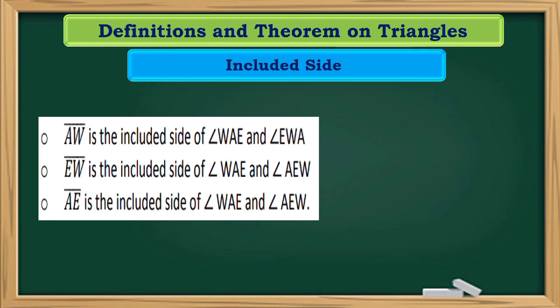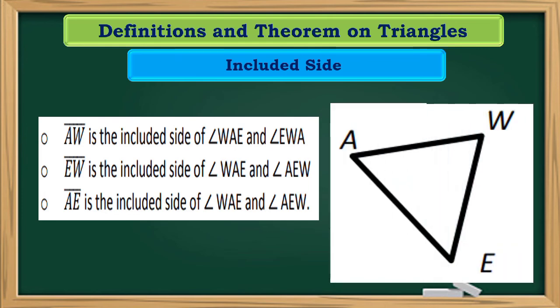Side AW is the included side of angle WAE and angle EWA. Next, side EW is the included side of angle WAE and angle AEW. And side AE is the included side of angle WAE and angle AEW.